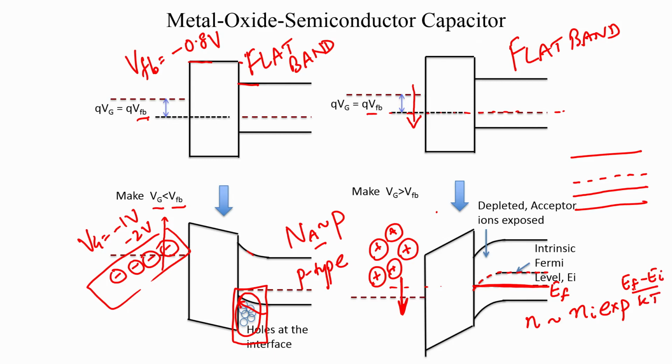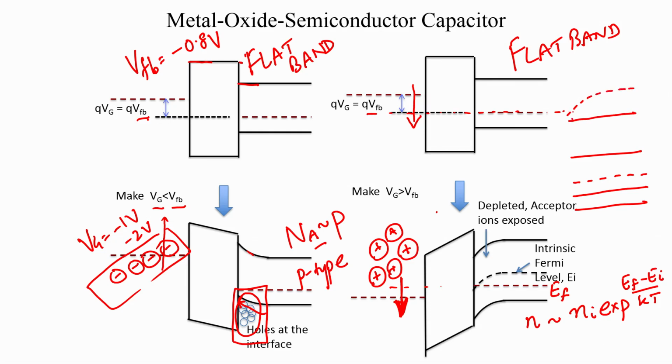So, it is only when EF is greater than EI will the electrons start appearing. So, as you are bending the bands, so for very low positive gate voltage, so let us say Vg is just slightly above VFB, the bands would not have bent to that extent. So, let us say the bending was only so let us say this is the Fermi level, and let us say the intrinsic Fermi level is just bent this much.